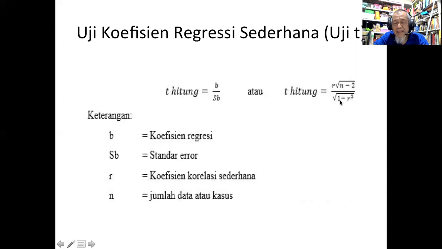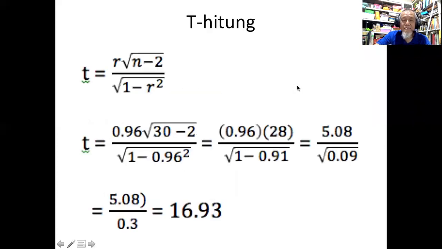So the data is already calculated, so we can calculate the T observed, the statistic of T. We have R, and we know the number of observations, and also we can square the correlation coefficient. You don't need to use the other formula because it's just the same. So now let's calculate that.